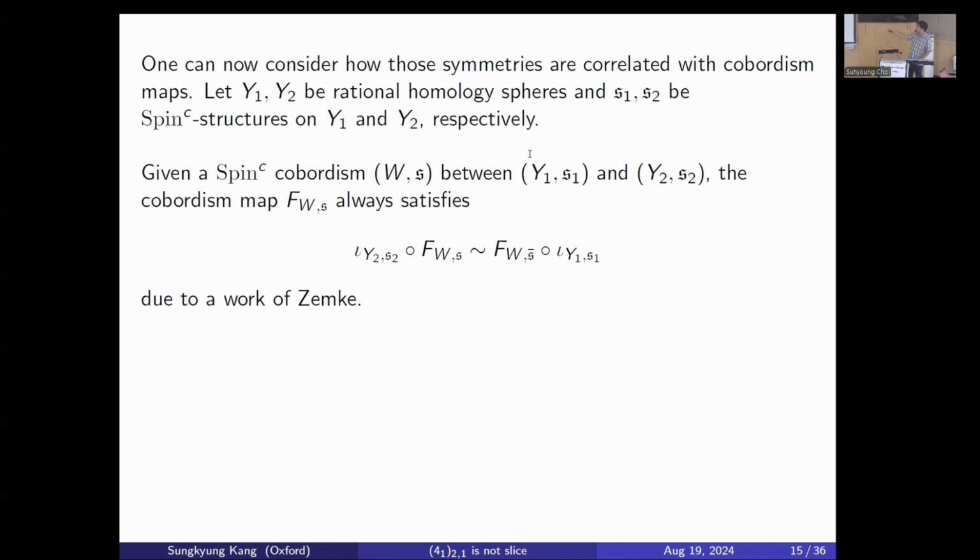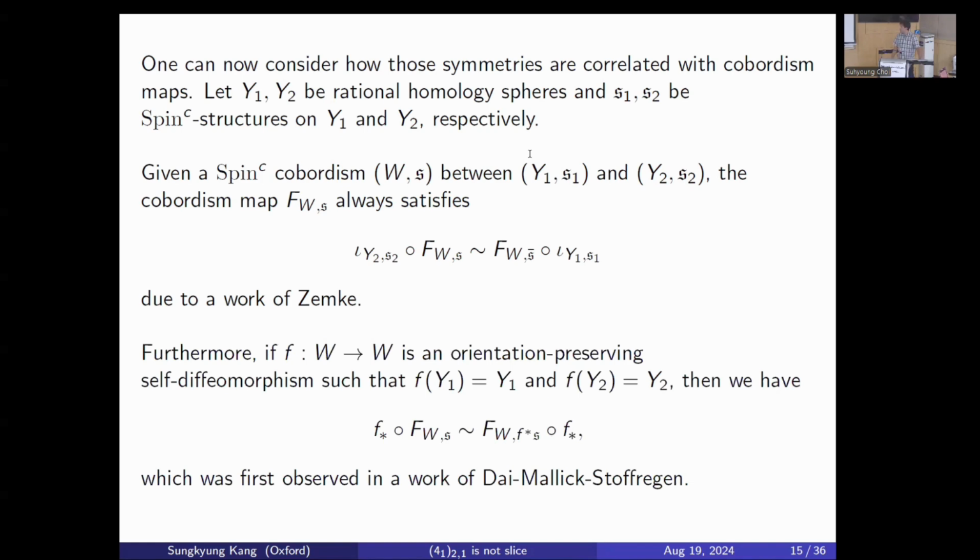You can then ask whether this cobordism map is compatible with the symmetries, iota Y1 and iota Y2. It turns out to be true. It indeed forms a commutative square with respect to iota up to homotopy, due to work of Zemke.